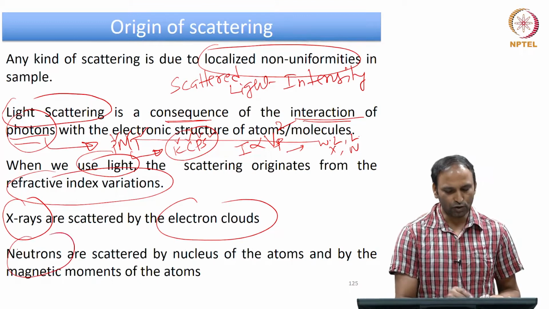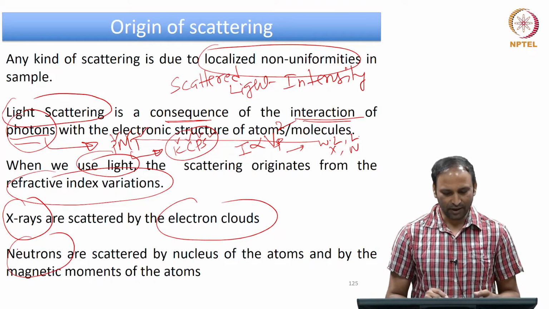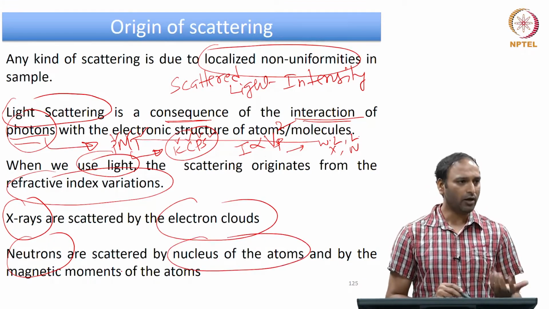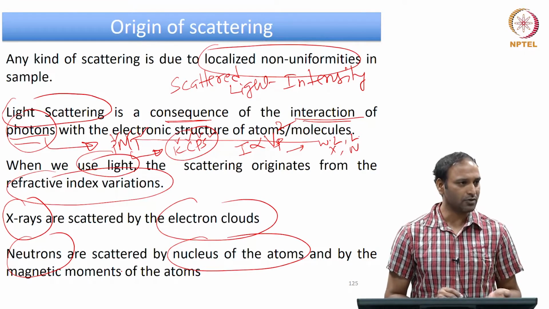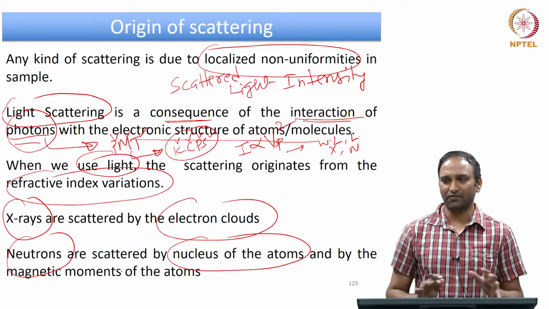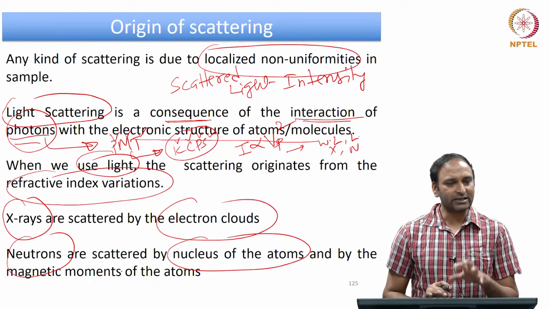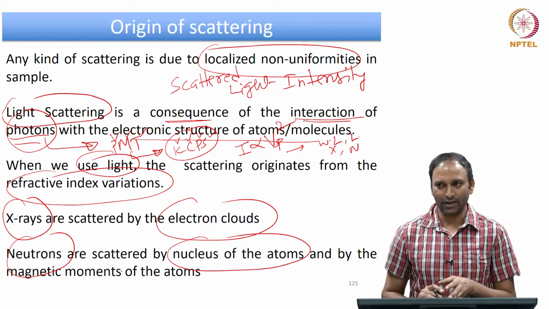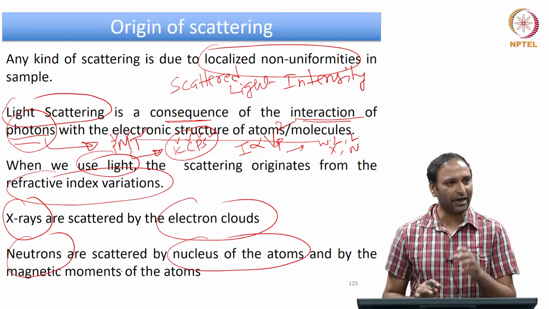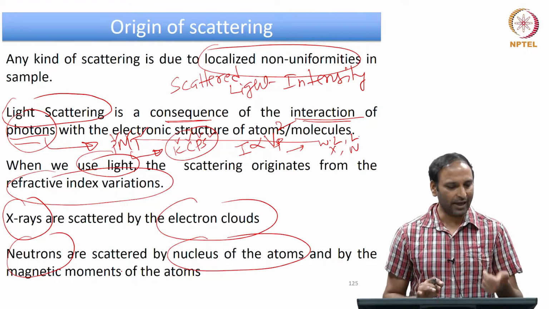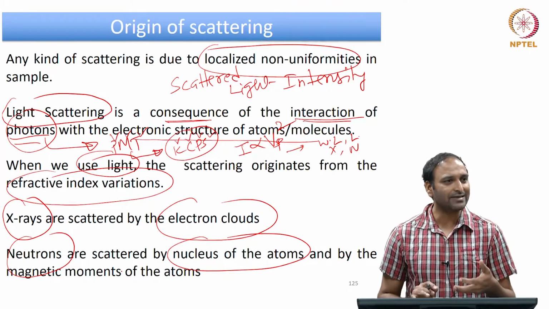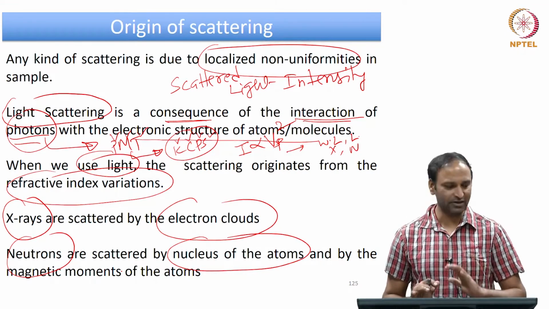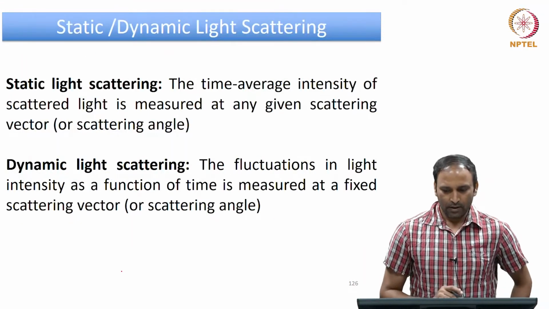And if you have neutrons as a source of radiation, then the scattering occurs because of the interaction of the neutrons with the nucleus of the atoms or the magnetic moments of the atoms or the molecules that constitute the particles. So, that is a difference, but except for the origin of scattering, the way the scattered intensity is analyzed from any of these experiments where you use light, X-ray or neutron, the analysis is very similar, only the scattering originates from different reasons. Okay. I had mentioned this.